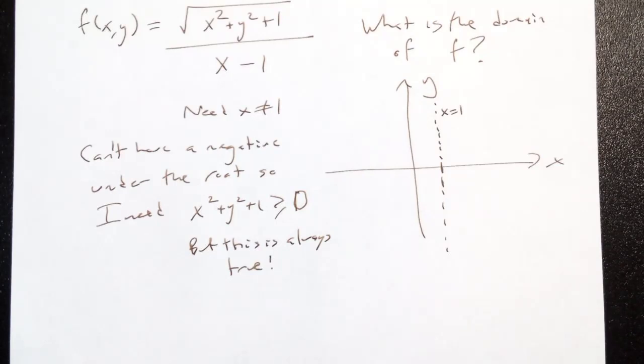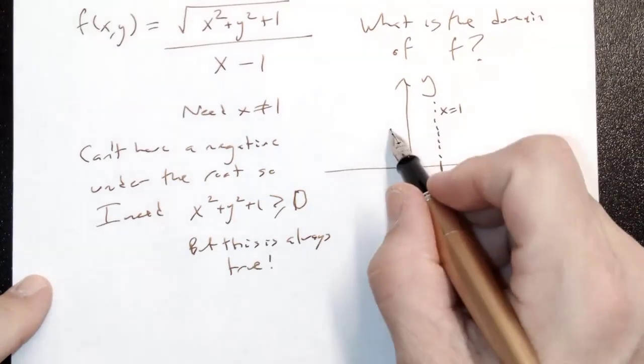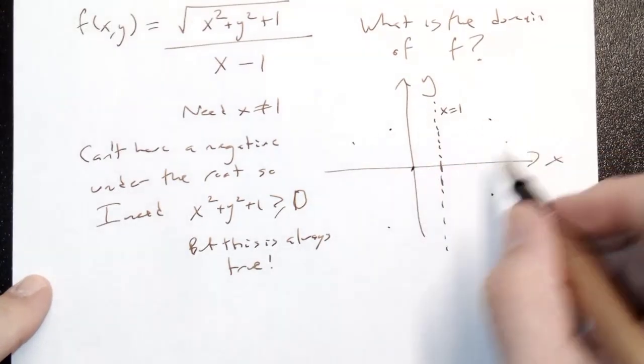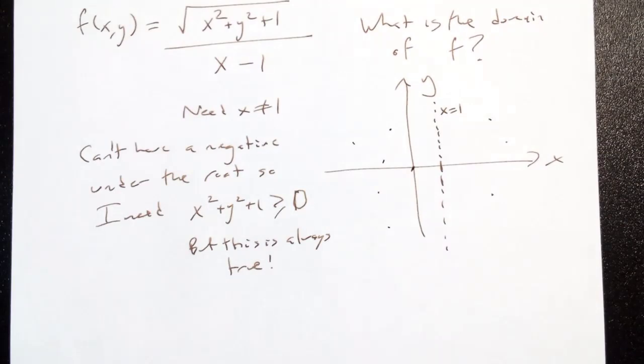Everywhere else in the xy plane, if you picked a point, you could plug it in, you could get a value, right? Okay. So finding a domain is really a combination of all the tricks we learned back in algebra class to find domains before.